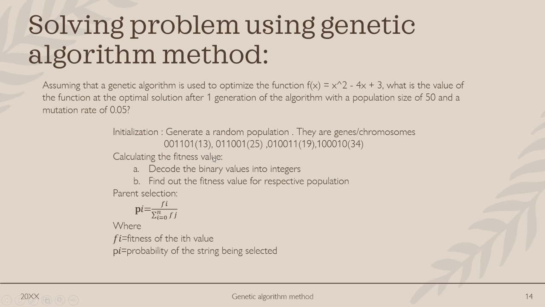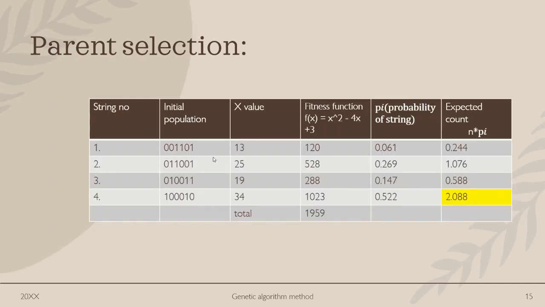So we know the first step, and the next step is parent selection. In parent selection, we found the fitness values from the given population, and the probability of the string being selected for each chromosome. And we wrote the expected count.